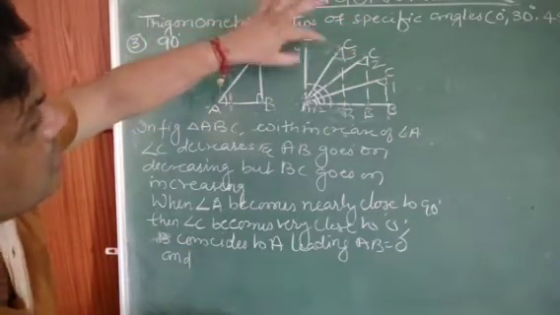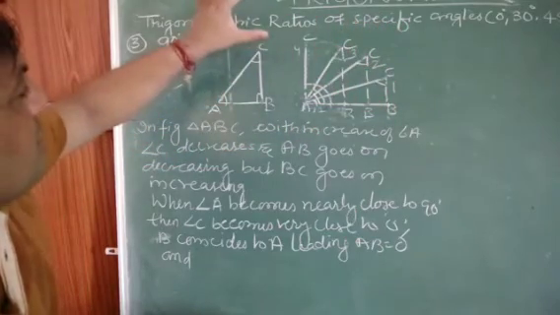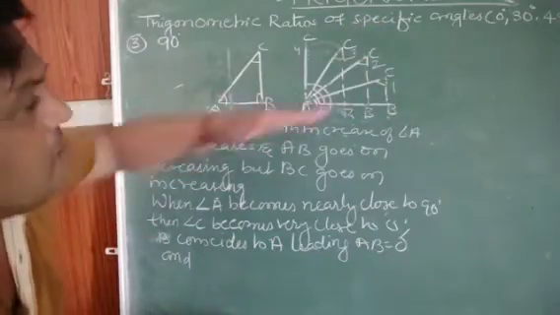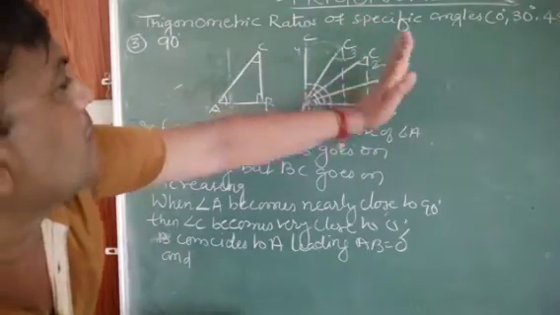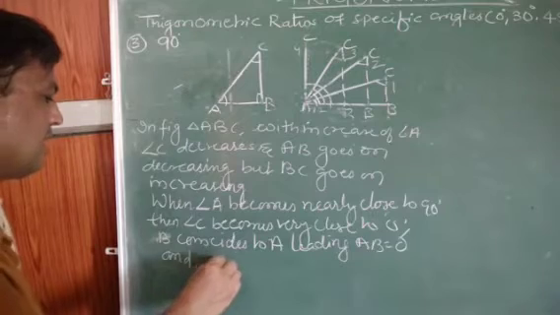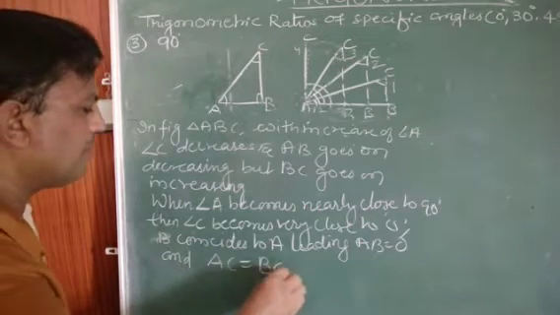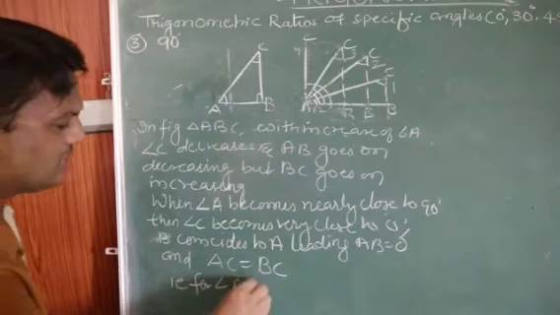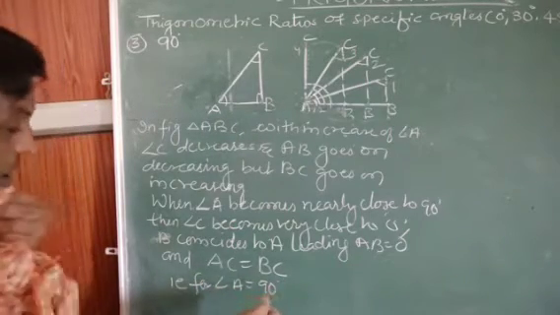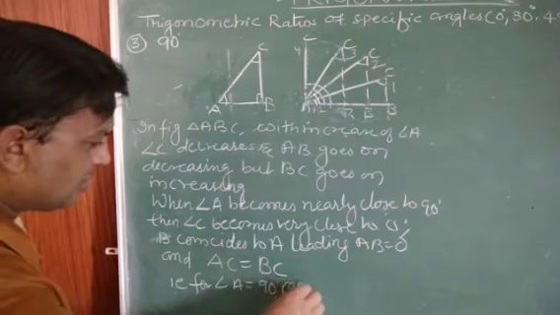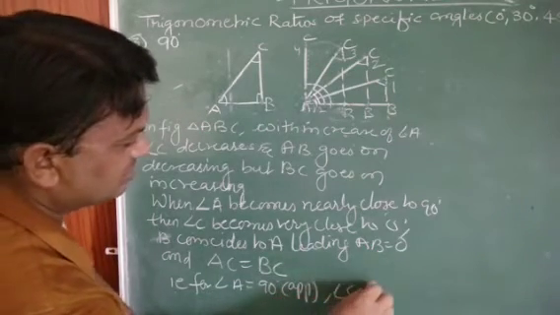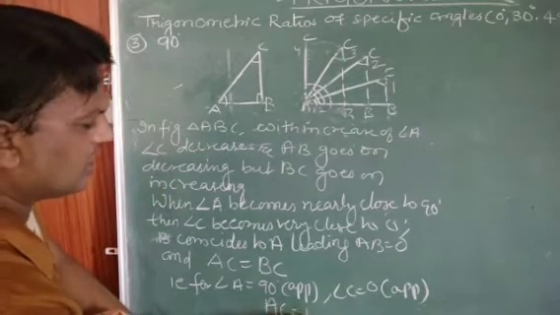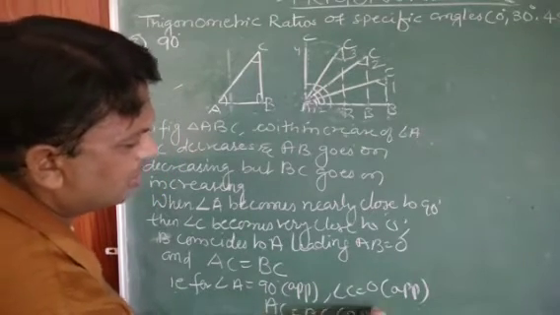C will come here, so this BC will become equal to this AC, and the BC length becomes the same. AC is coming here and BC also coming here, so AC becomes equal to BC. That is, for angle A equal to 90 degrees, approximate, angle C is equal to 0, approximate, AC is equal to BC, that also approximate.